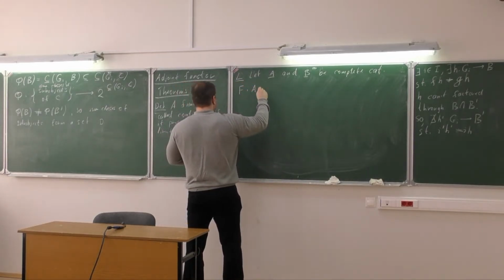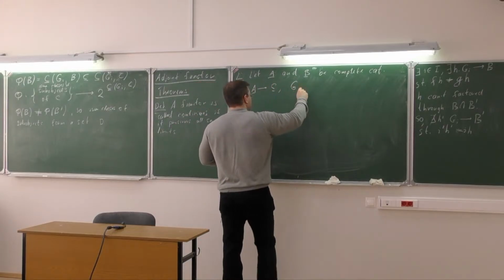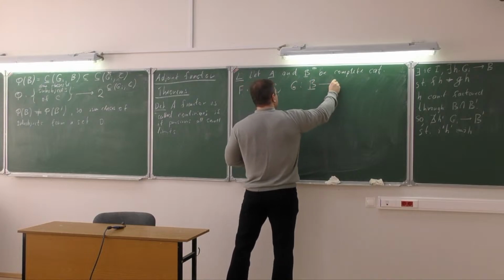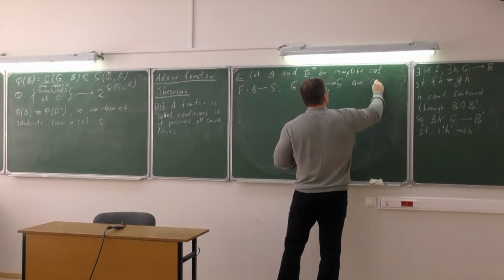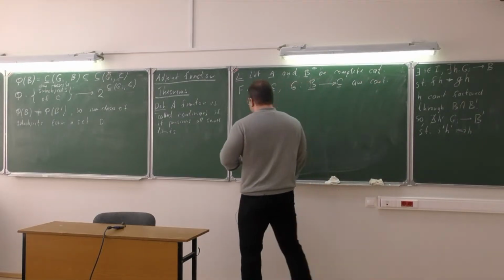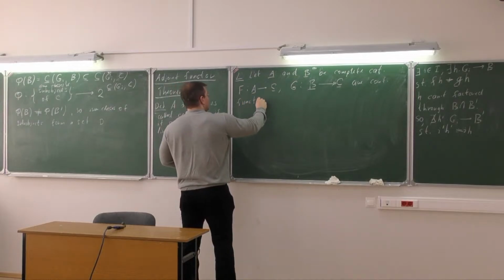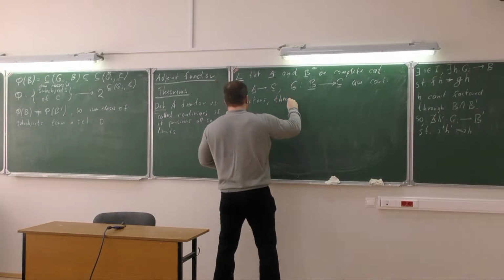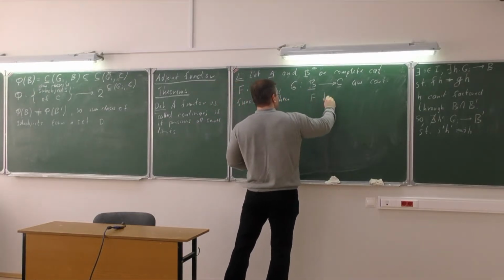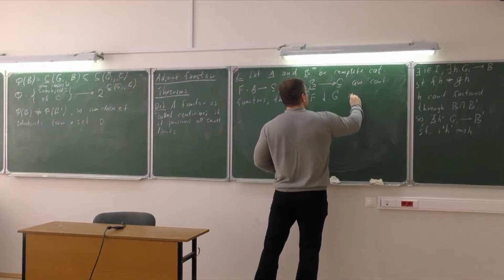F is a continuous functor from A to the category C, and G is a continuous functor from the category B to the category C. So these are continuous functors. Well, then the comma category for these two functors F and G is also complete.